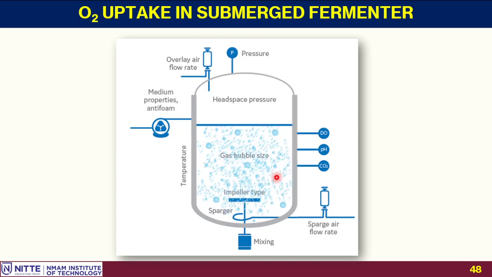To avoid clustering of molecules here and there, that is, to maintain a uniform concentration of all the molecules, we are using the impeller. The impeller is nothing but a mixer which mixes the entire content including the oxygen, so there is uniformity in all quantities or nutrients that are available. So let us focus mainly on this particular gas to liquid interface.